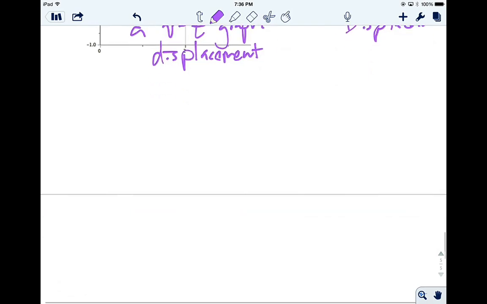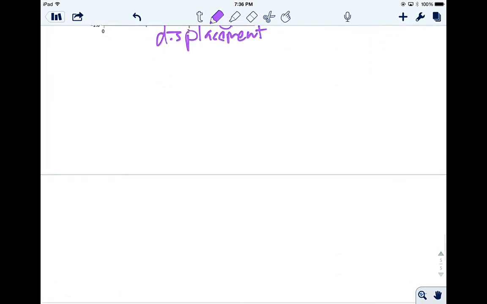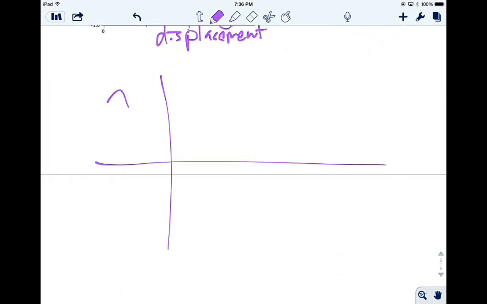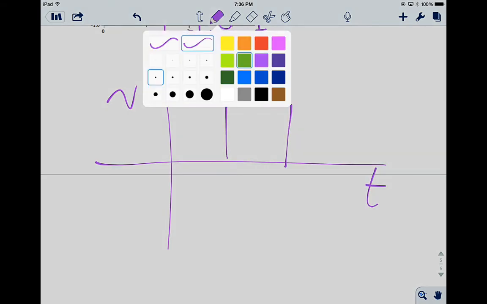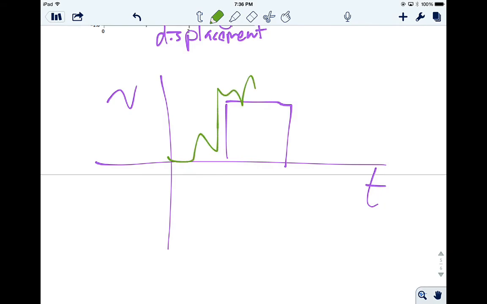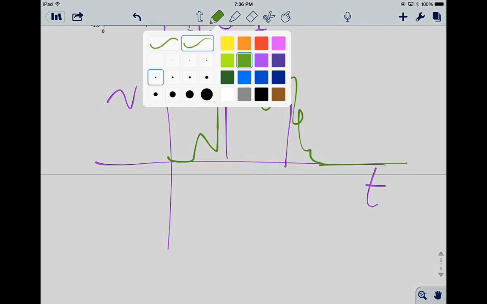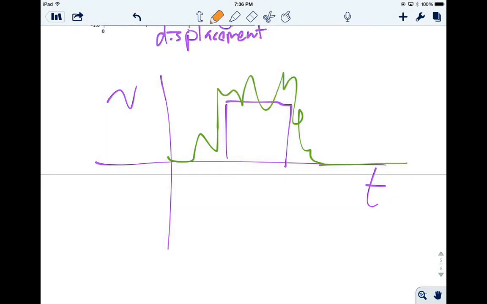When it comes to this, you'll notice that your graph probably didn't look exactly like this VT graph. Even though the box was supposed to look like this, your VT graph probably looks something like that. When we talk about the area under the curve, it applies even for irregular shapes.